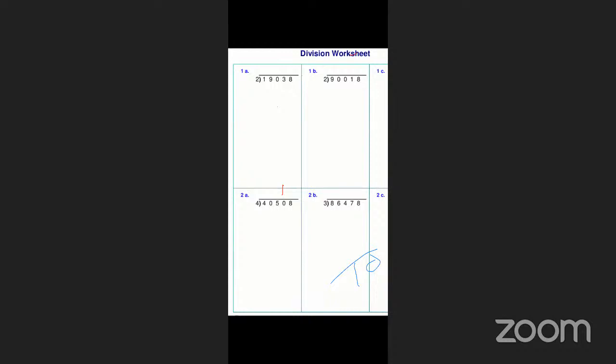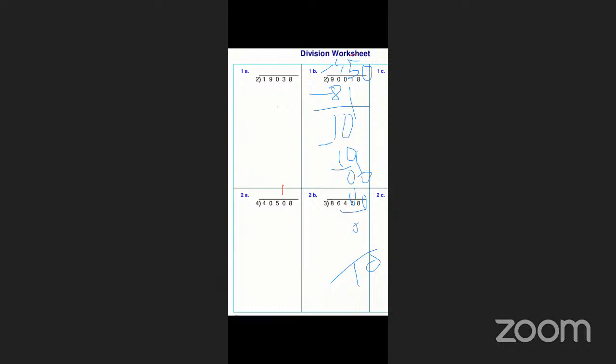Okay, so 2 times 4 is 8. So 9 minus 8 is 1. That's the 0. Then becomes 5. 10 minus 10 is only 0. And you add another 0. So 2 times 0 gives you 0. That means 0 minus is 0.